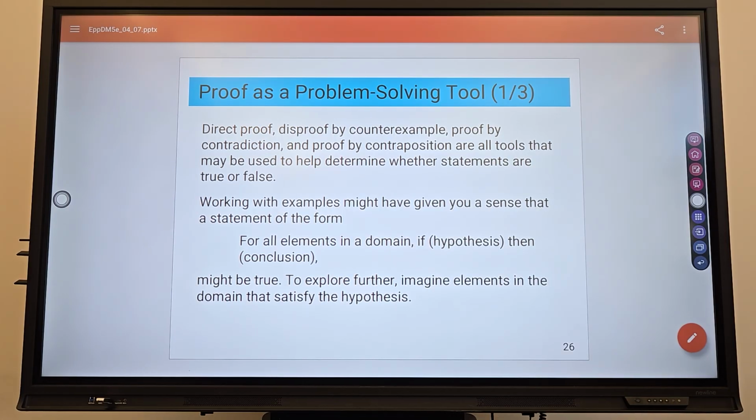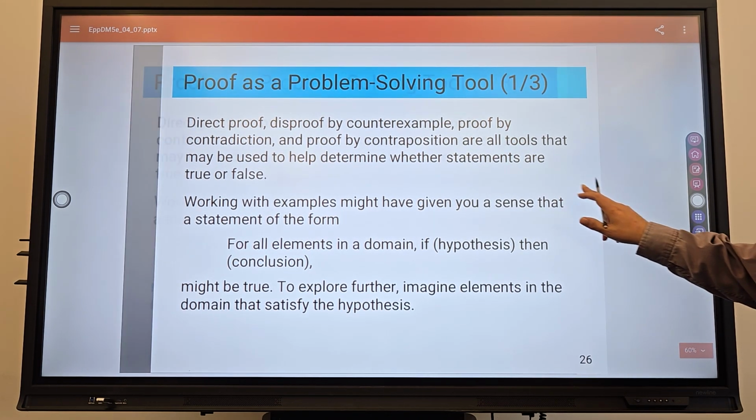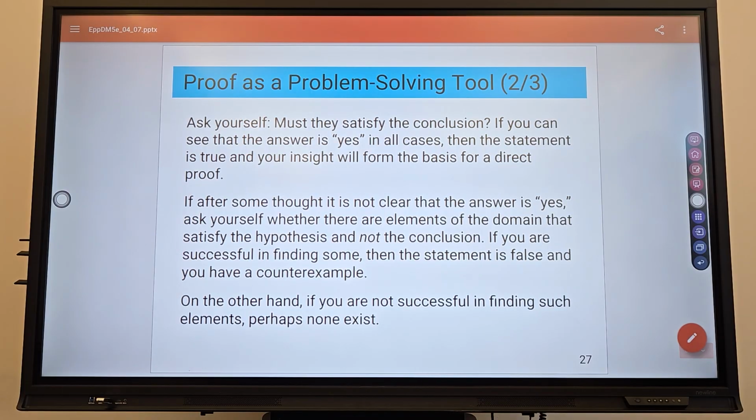Explore further. Imagine elements in the domain that satisfy the hypothesis. Ask yourself, must they satisfy the conclusion? If you can see that the answer is yes in all cases, then the statement is true and your insight will form a basis for direct proof.